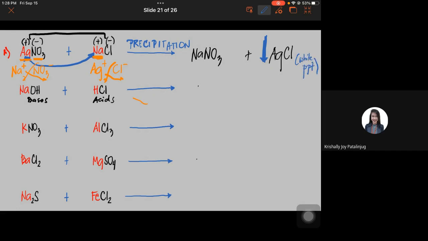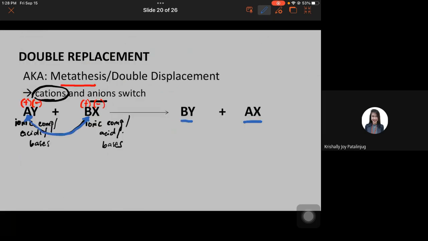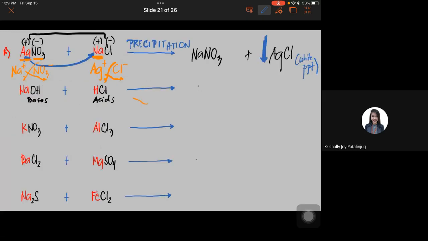So if the chemical reaction produces a precipitate upon reaction, then specifically it is a precipitation type of reaction and it follows the double displacement concept. Okay. Next, number 2, sodium hydroxide, hydrochloric acid.